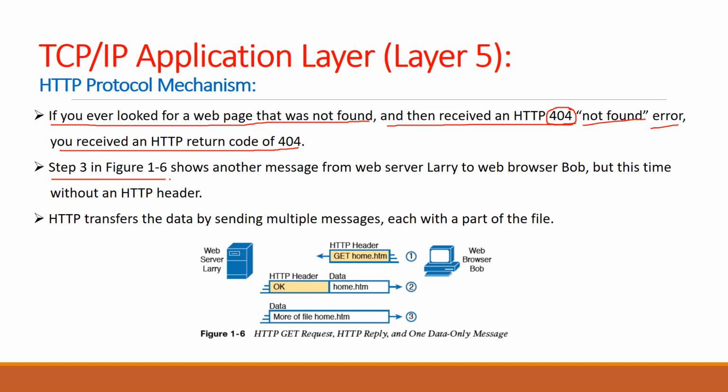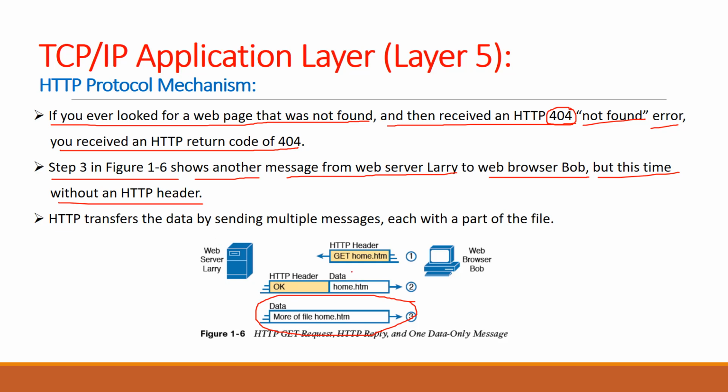At step 3 in the figure, it shows another message from the web server Larry to web browser Bob, but this time without an HTTP header, this part. Why? Because it is the data. The web server will start to transfer the data, and there is no need for more HTTP headers.